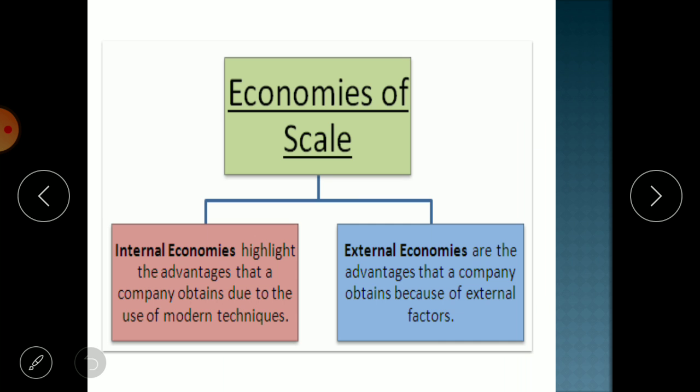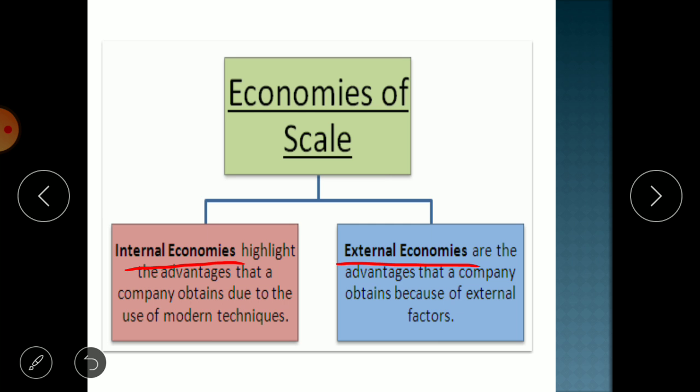Economies of scale are further classified into two categories, as we have seen in the introduction slide, that is internal economies and external economies. What do you mean by internal economies? If your cost of production reduces because of a reason situated within the organization, then it is known as internal economies of scale.